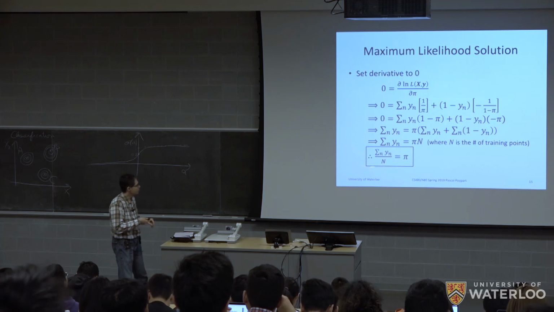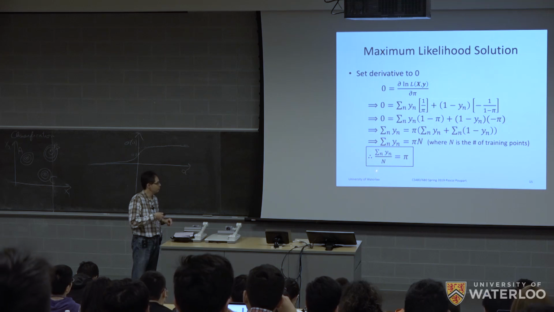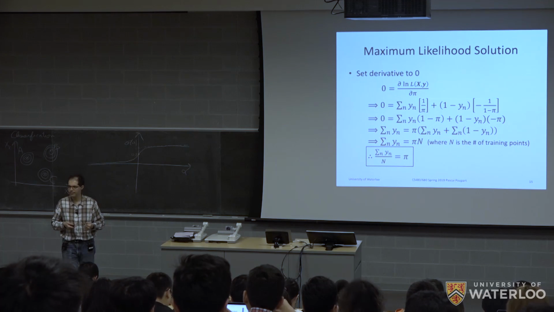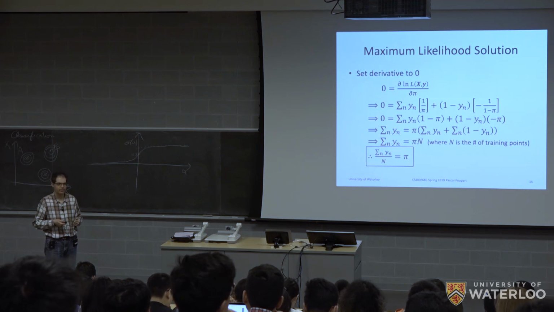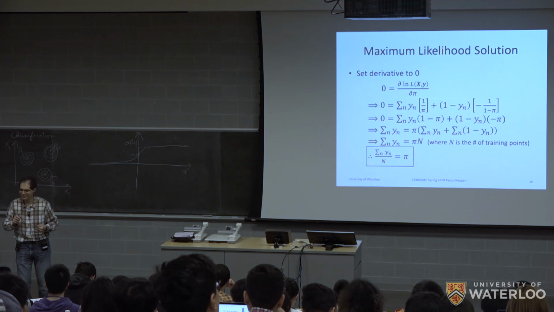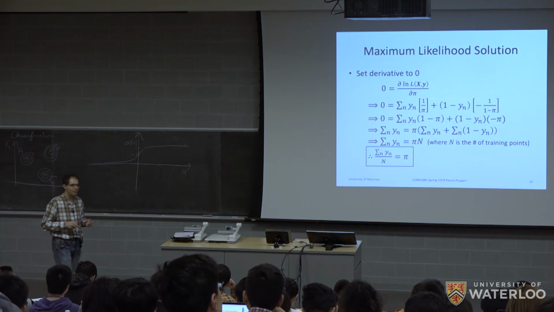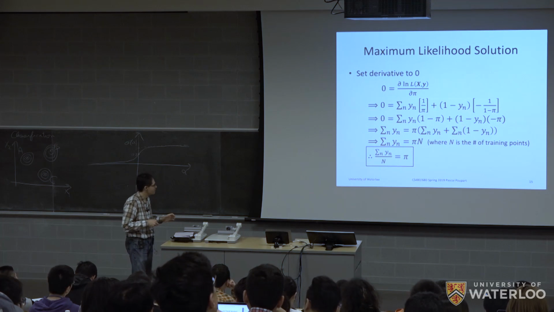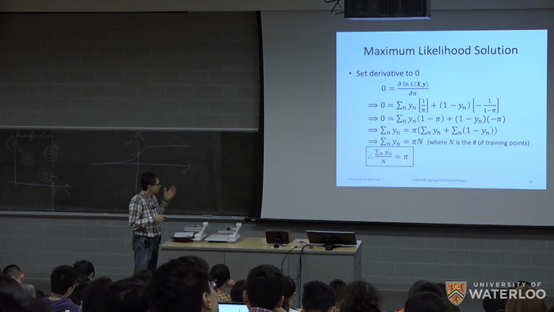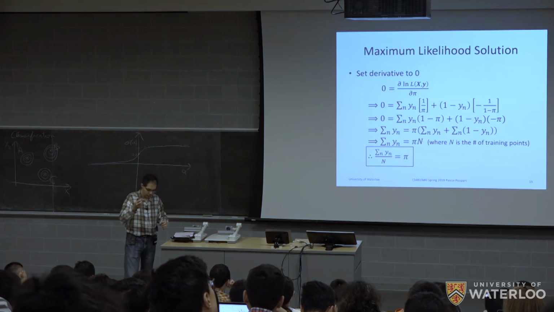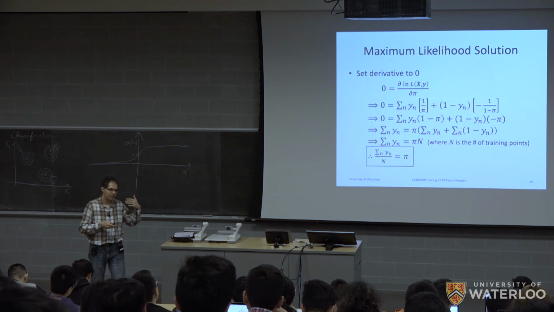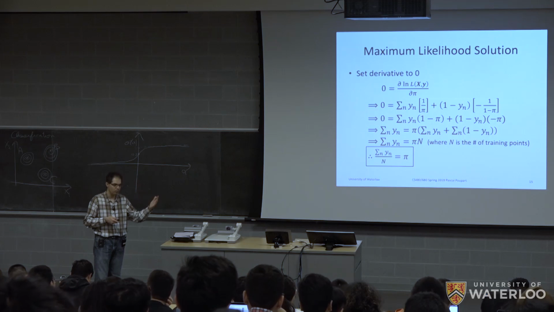Now, can anyone interpret what this corresponds to? What is the meaning of this expression? Say that louder. Yeah, this is a sample mean, the empirical mean. So pi is denoting the probability of one class, the class that here we would be labeling with 1.